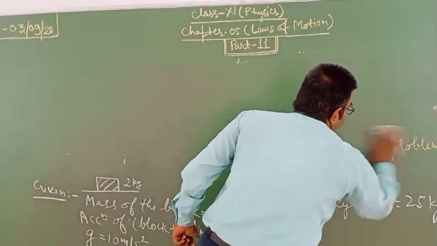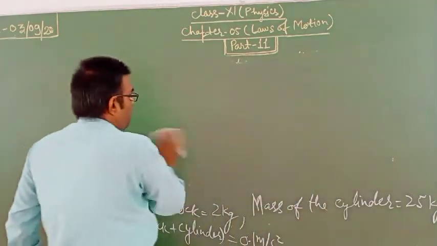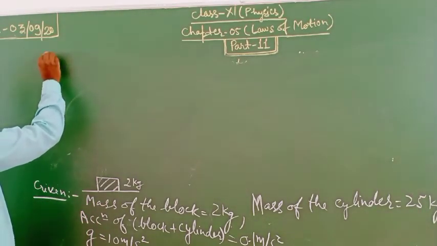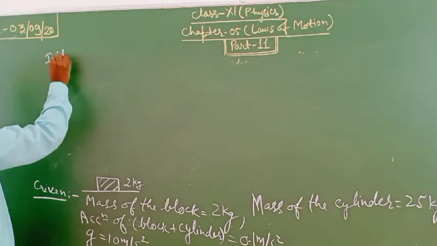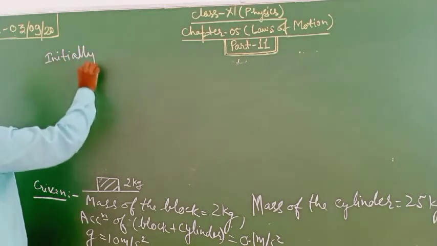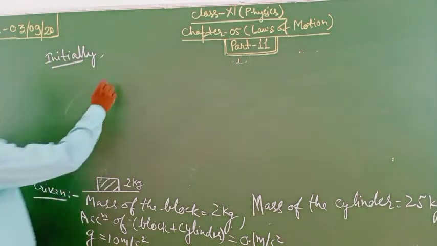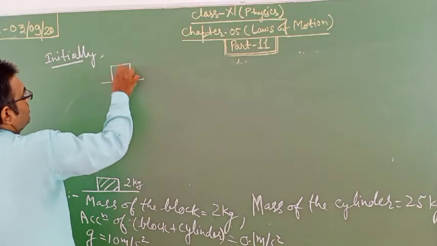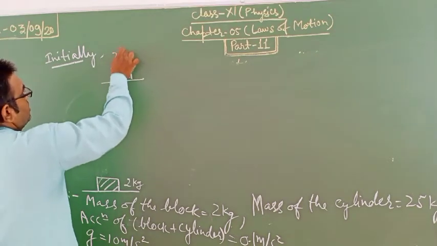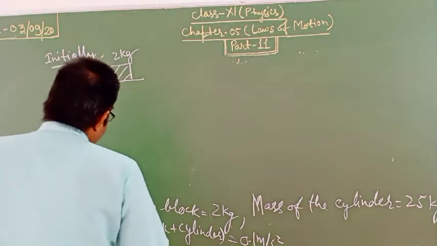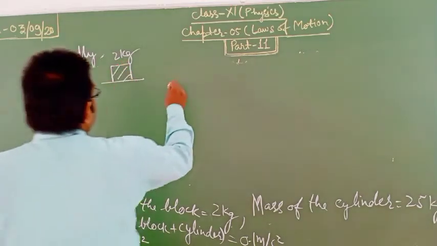So, dear students, initially the 2 kg block is kept over the floor, and there is no mass or iron cylinder kept over the 2 kg block.